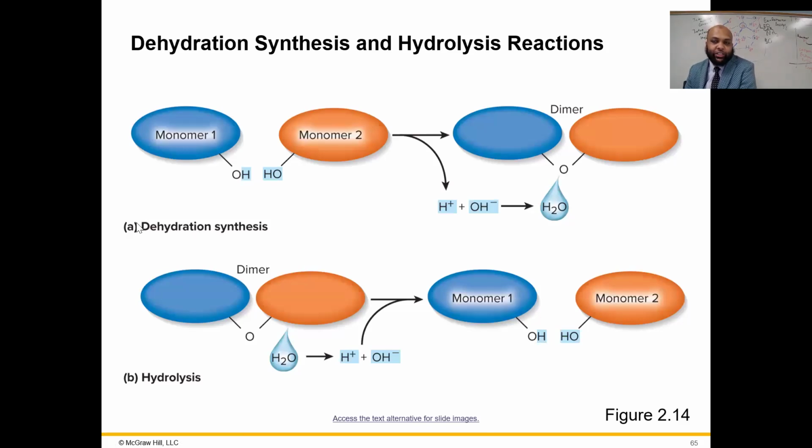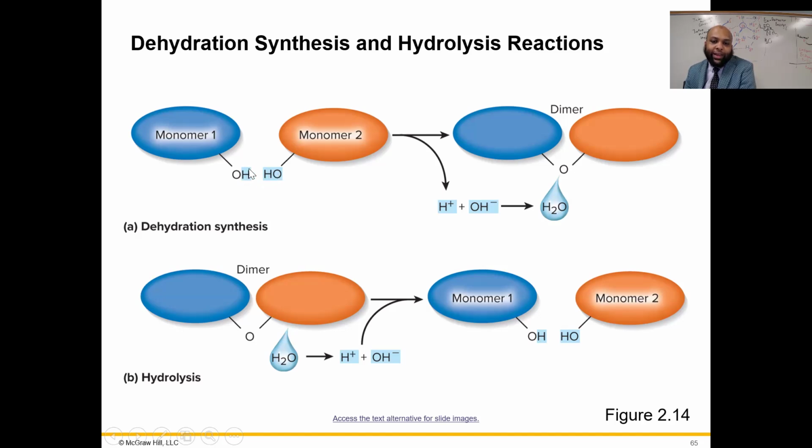This is a perfect illustration here. Look at dehydration. So we lose water. How do we lose water? We have two monomers. One in blue, the blue monomer, number one, and the orange monomer, number two. If I want to join them together to make a dimer, from a monomer into a dimer, I remove one hydrogen and I remove OH.